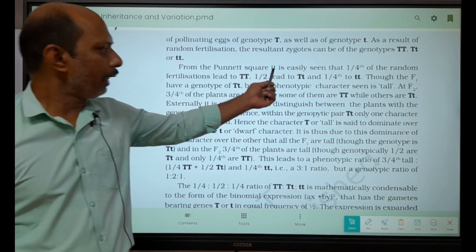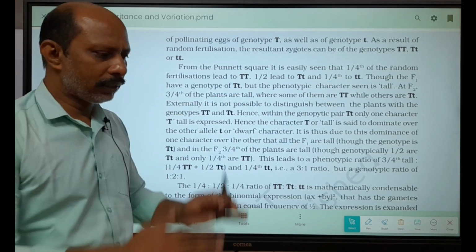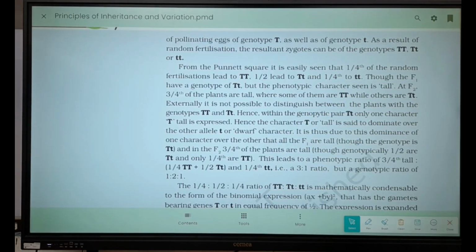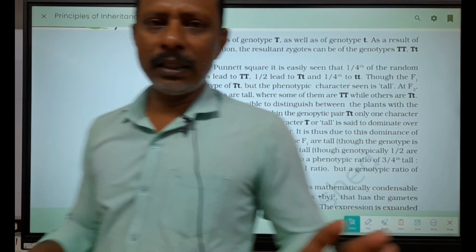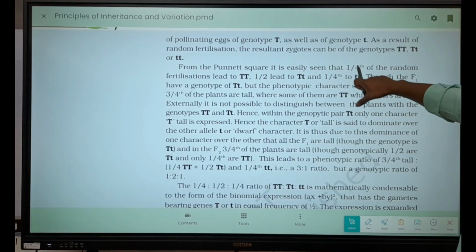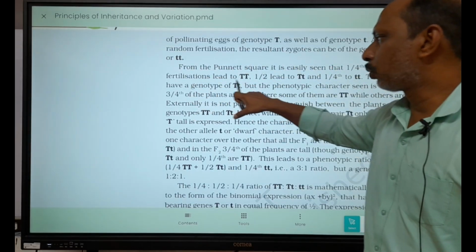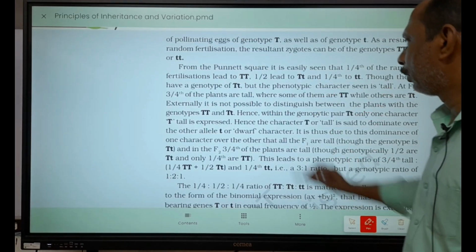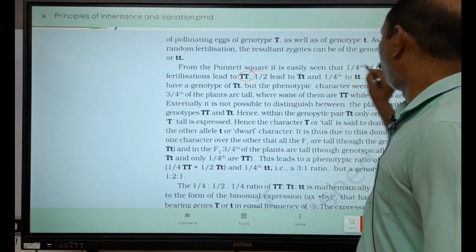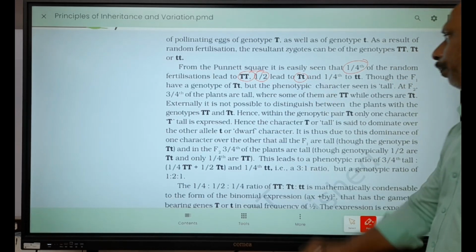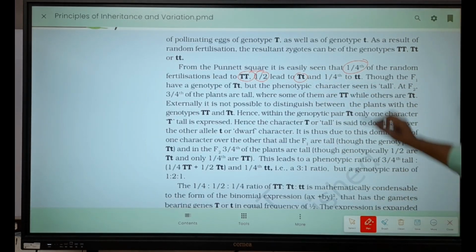From the Punnett square, it is easily seen that in the F2 generation, because the F1 generation is 100% tall. But in the F2 generation, what happens? 1/4 of the random fertilization leads to the formation of capital T, and half, 50%, that is 1/2, lead to capital T small t hybrid, and 1/4 are pure breed, that is small t.